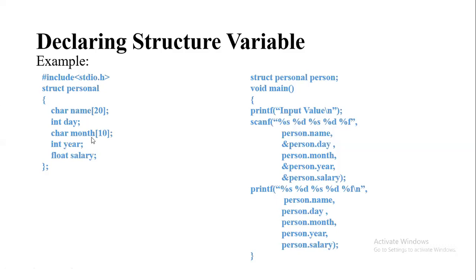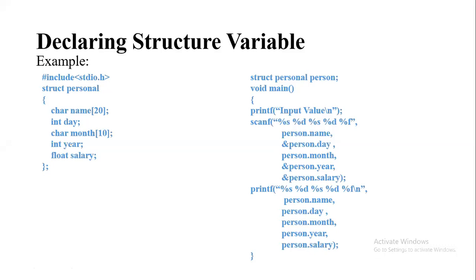Which month was this person born? Person.month will give us the month in which that person was born. It is not the same as calling a function. No, it is accessing the member. So do not get confused with the function. Here we are not calling. So that is the second doubt. I hope the dot operator is clear.